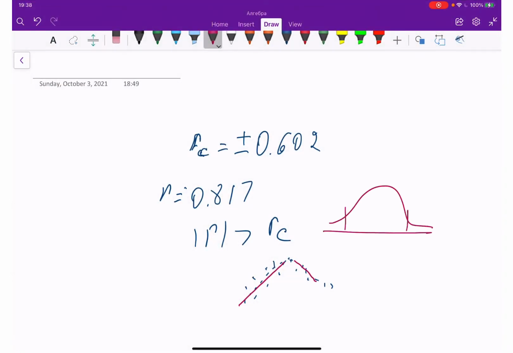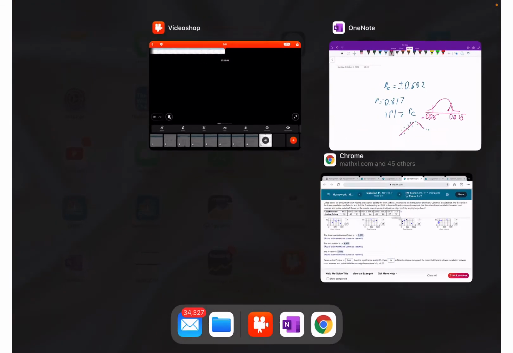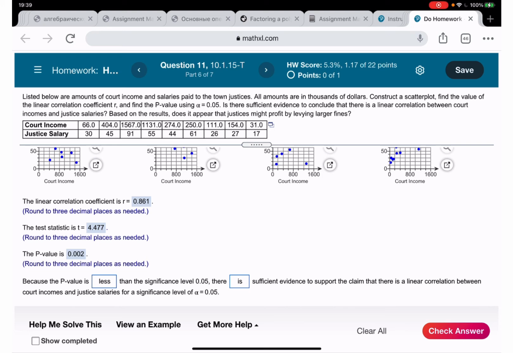Two tails, right? 0.025, 0.025, and our p-value is 0.002. It's right at the edge, right? Therefore, we can support. So there is sufficient evidence.